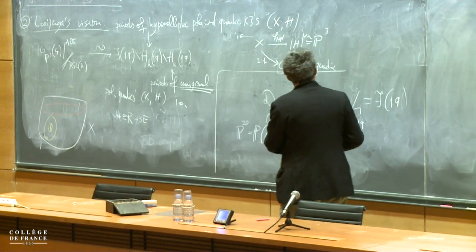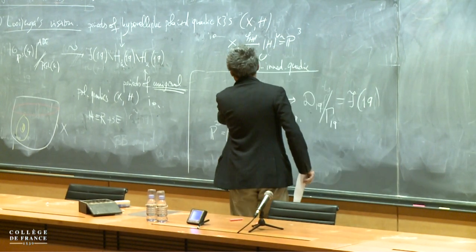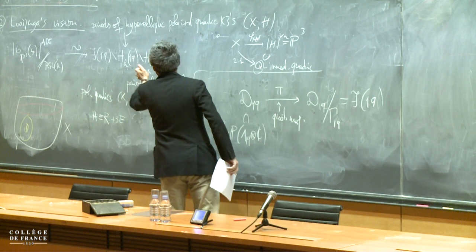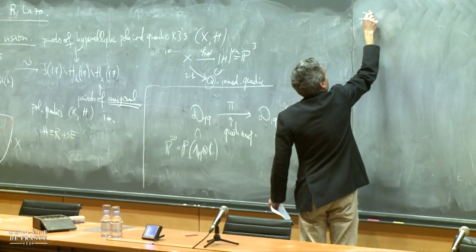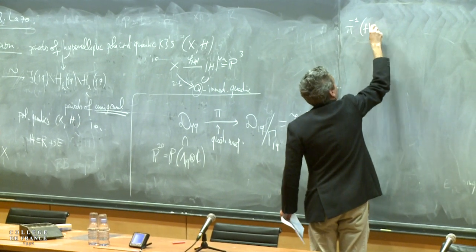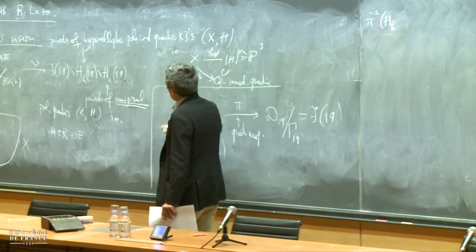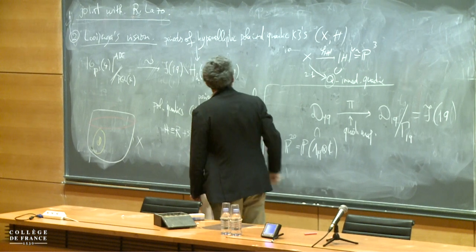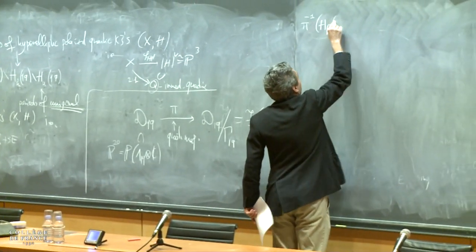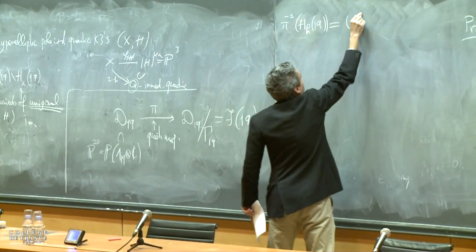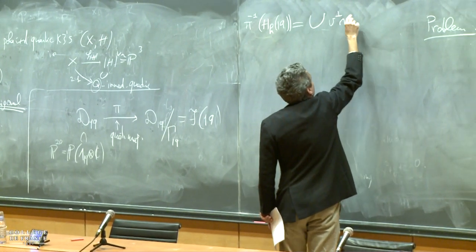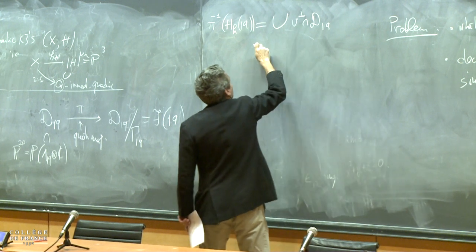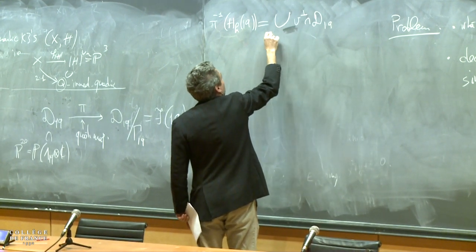And what happens if we look at the inverse image in here of these two missing divisors? So the inverse image, this stands, of course, for hyperelliptic and this for unigonal. This is the union of the perpendicular of v intersected with D19, where v runs.